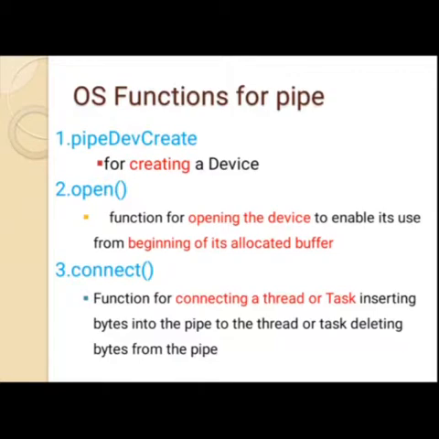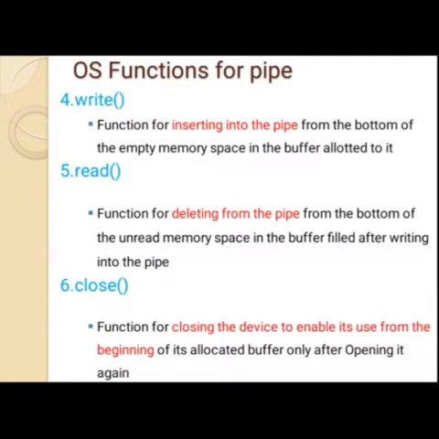The third function is connect. The connect function is for connecting a thread or task that inserts bytes into the pipe, or the thread or task that deletes bytes from the pipe. The fourth one is write. The write function is for inserting into the pipe from the bottom of the empty memory space in the buffer allotted.